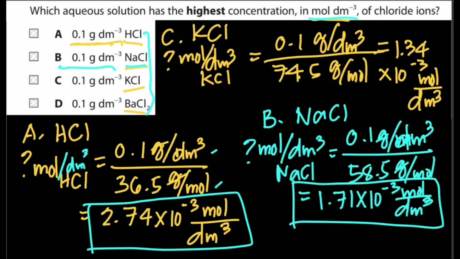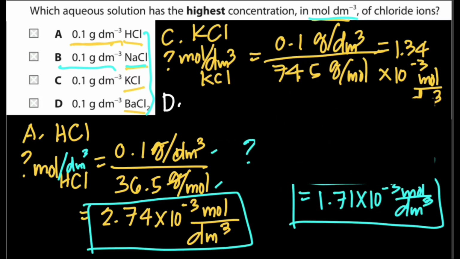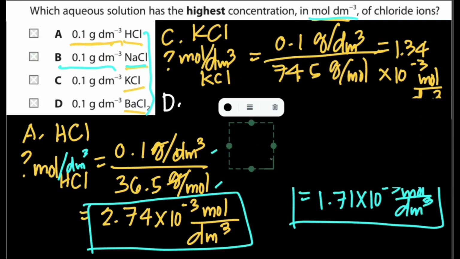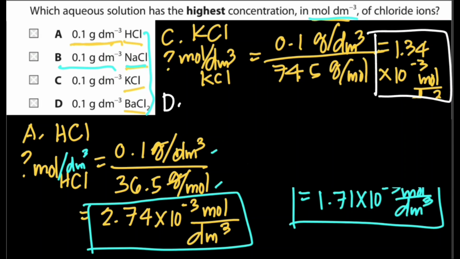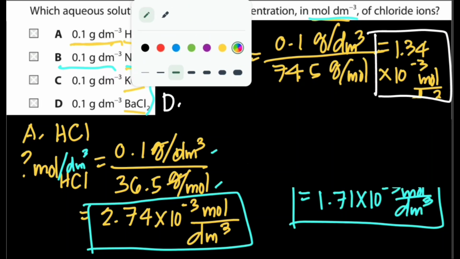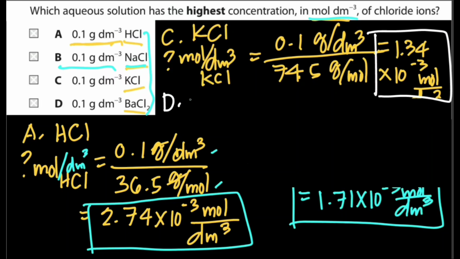And for the last solution, letter D, okay, for letter D, we have barium chloride.